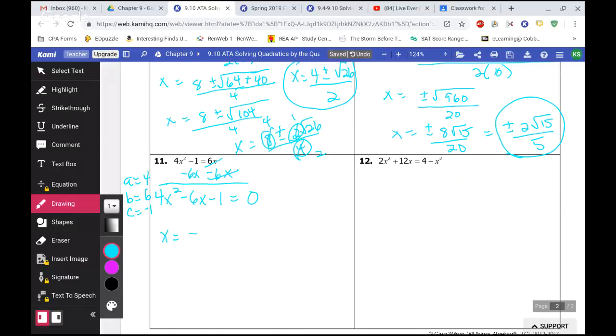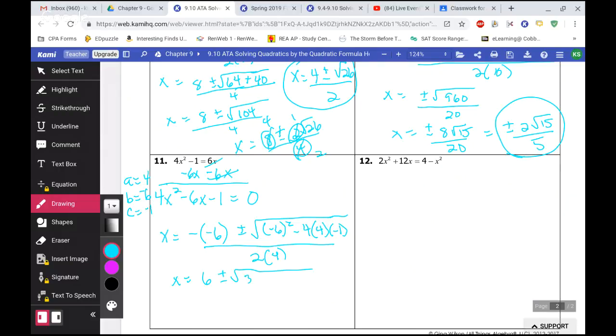The opposite of B is the opposite of -6, plus or minus the square root of B squared minus 4 times A, which is 4, times C, which is -1, all over 2 times A. So the opposite of -6 is 6.